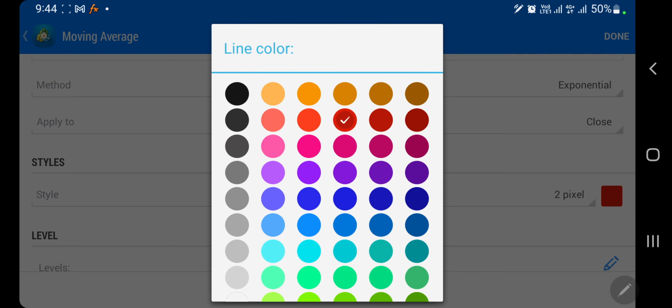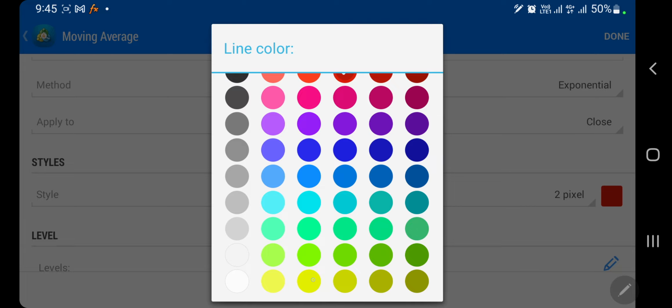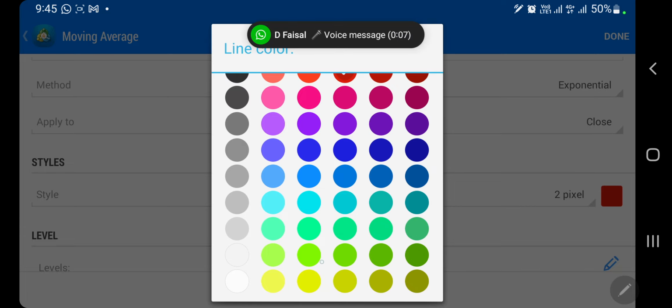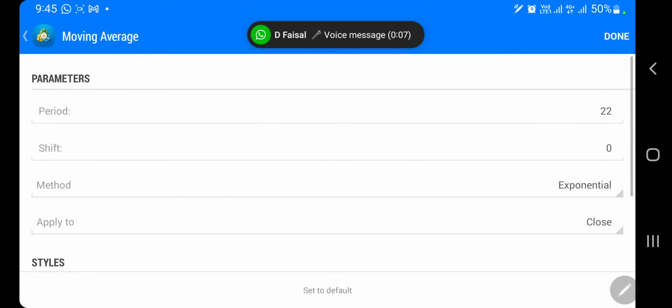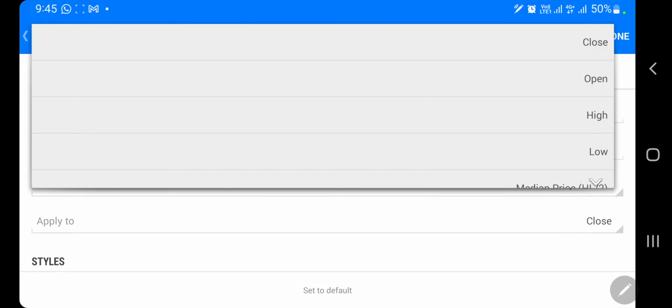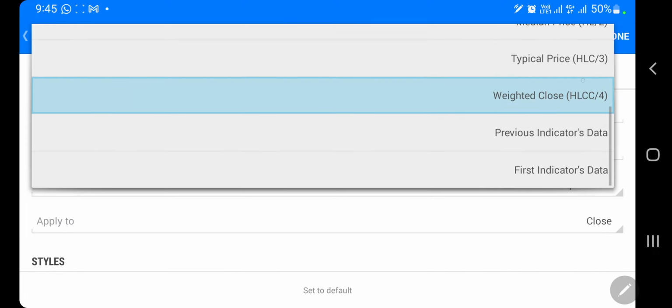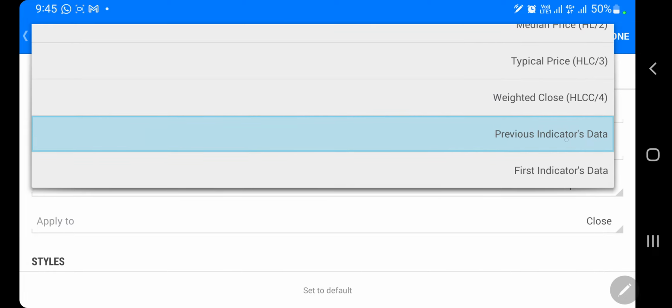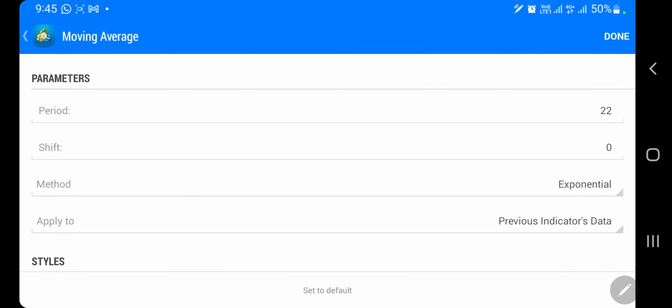Make it the yellow color this time. Let's take this one, this is the yellow color, and apply it on the previous indicator's data, which is going to be the stochastic.